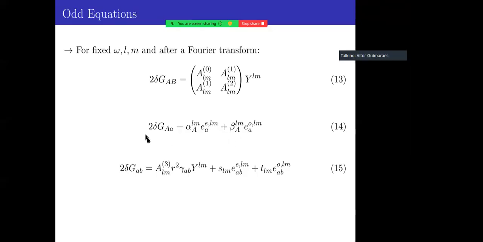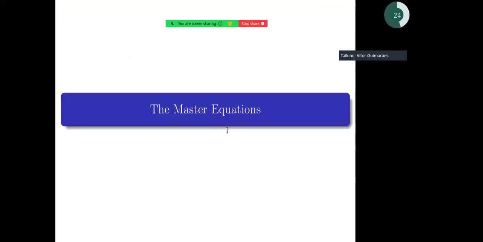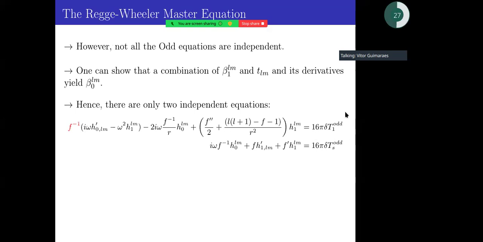If we equate this to 16 pi delta T, you would obtain some energy momentum components for the even vector and some for the odd vector. Taking the inner product on both sides, on the left-hand side we obtain beta, and from the right side we obtain the corresponding energy momentum tensor, which is exactly how we obtain this. And correspondingly for t, this.